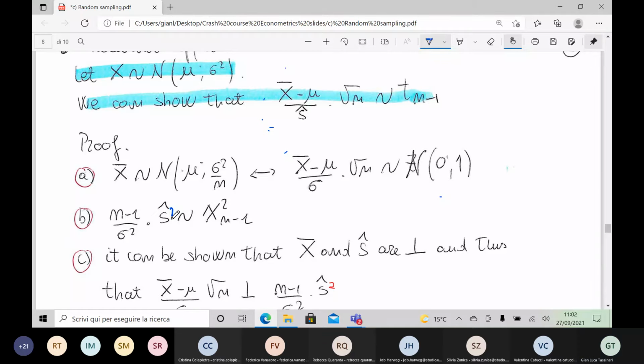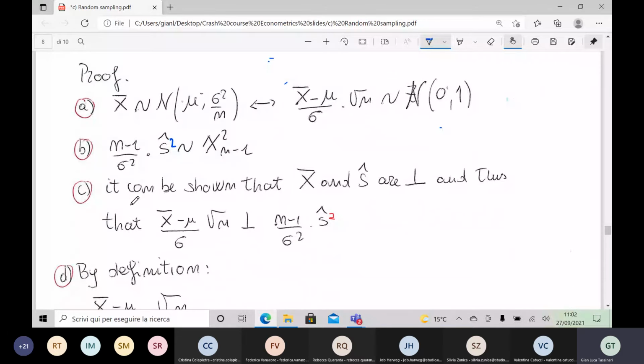Guys, are you able to build, using the result in point A and the result in point B, a student's t distribution? Yes, you should be, because there is something more to say, and I wrote it here. It is possible to show that X bar, the sample mean, and s hat square, or simply s hat, are independent.